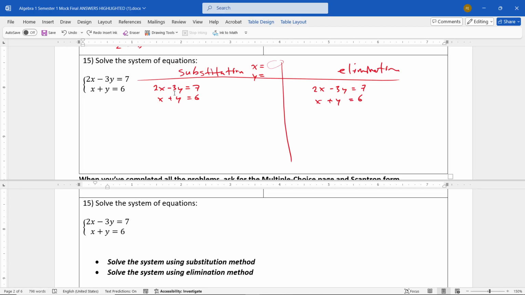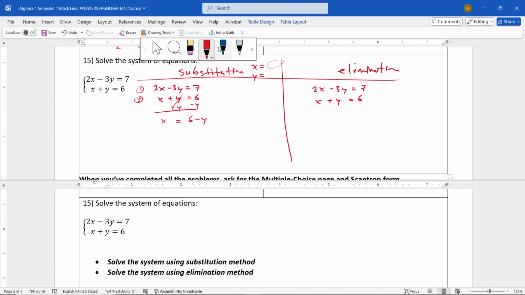So I'm going to choose to solve, let's call this equation 1, call that equation 2, I'm going to solve this for x by subtracting y to both sides. And then we get x equals just 6 minus y. So this is our new equation.